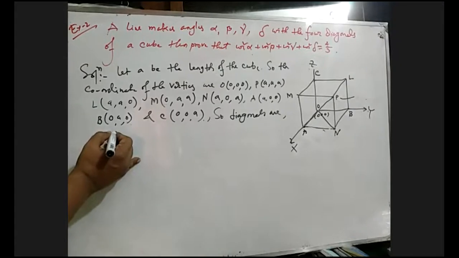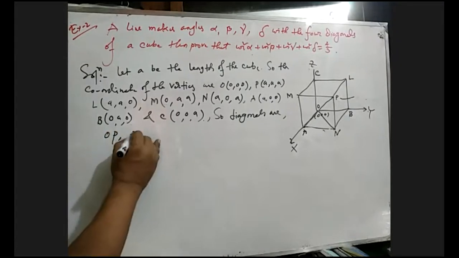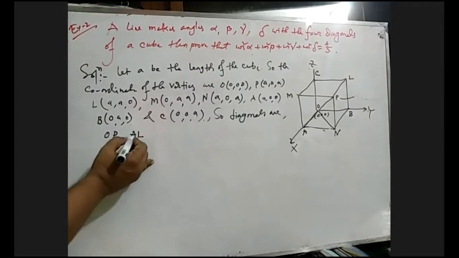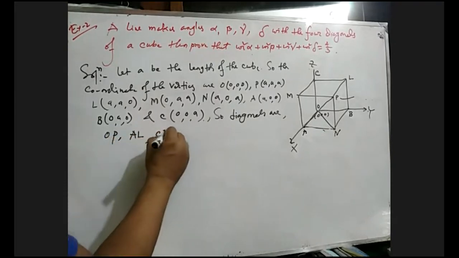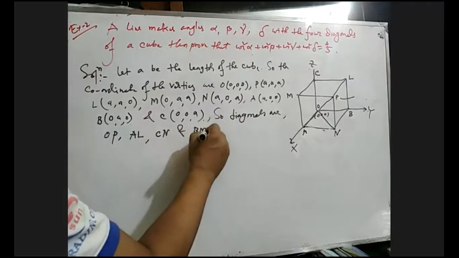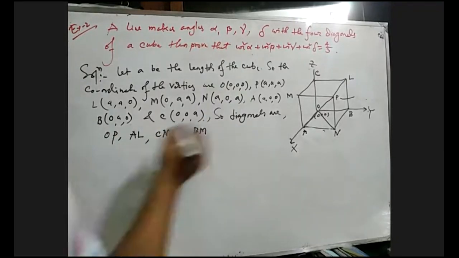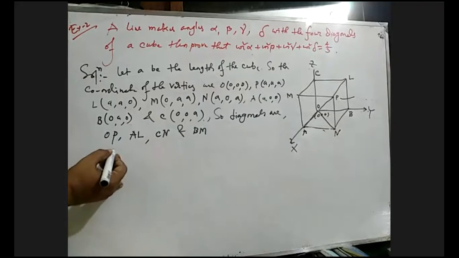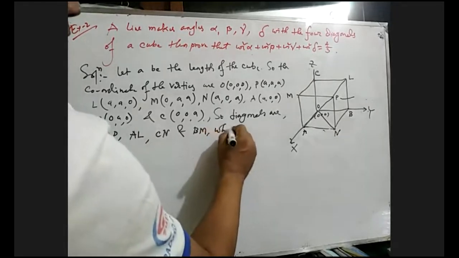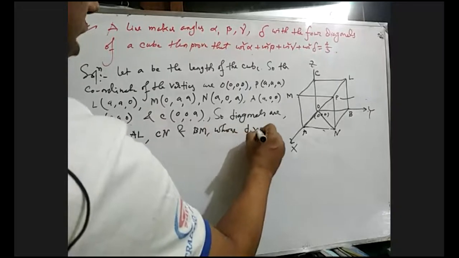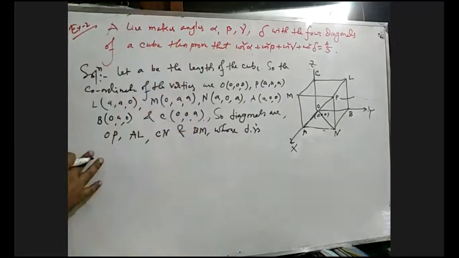OP is the first diagonal, AL, joining A point and L point, CN, and BM. These are the 4 diagonals. Okay, from the figure we are watching 4 diagonals whose direction ratios are these 4 lines.